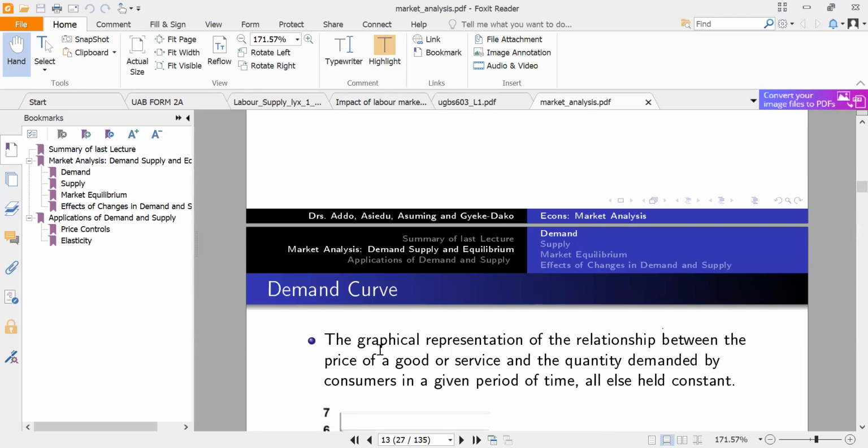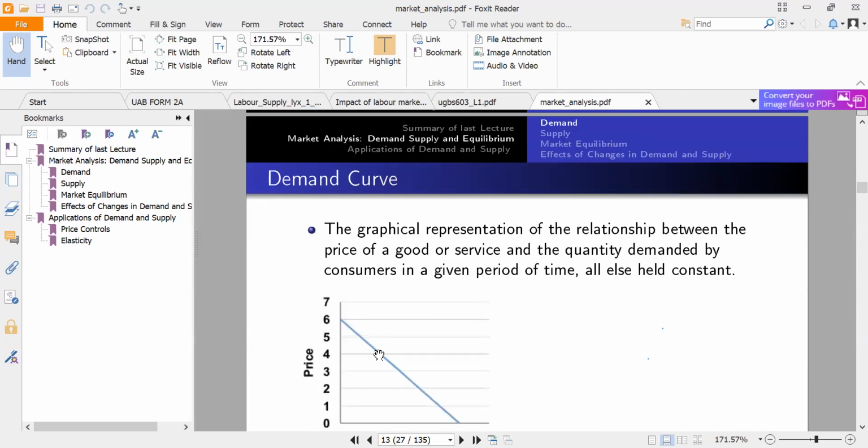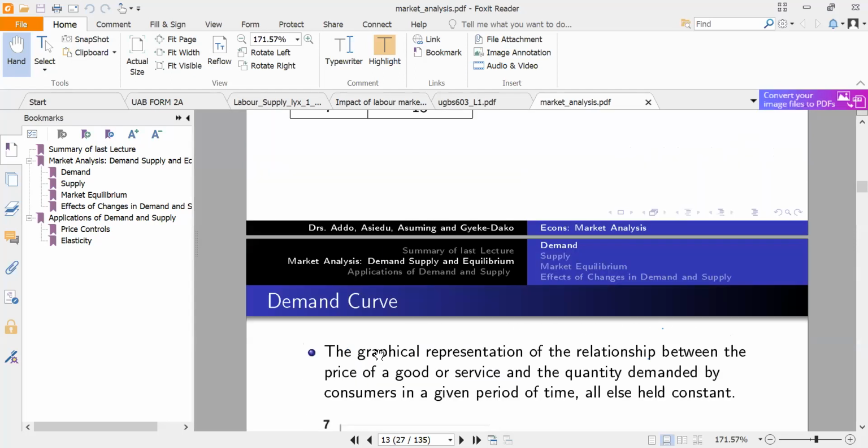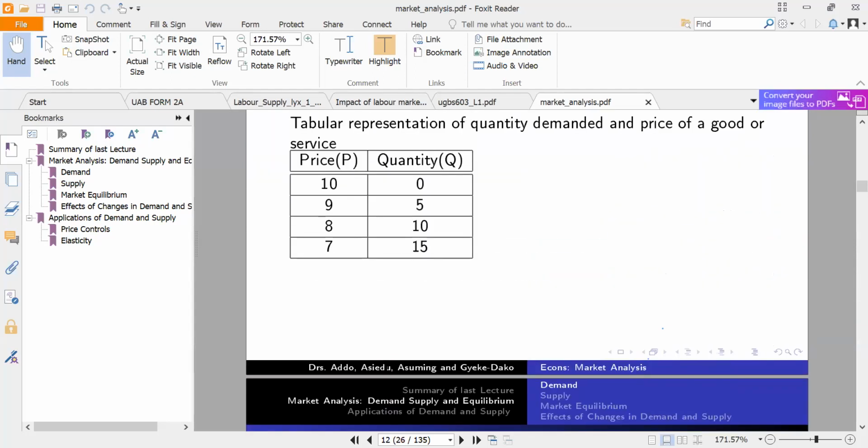You can also represent it as a curve. Representing it as a curve, you can even take this and plot the demand curve. Let me see if I can use a whiteboard. We started class at 11:30.